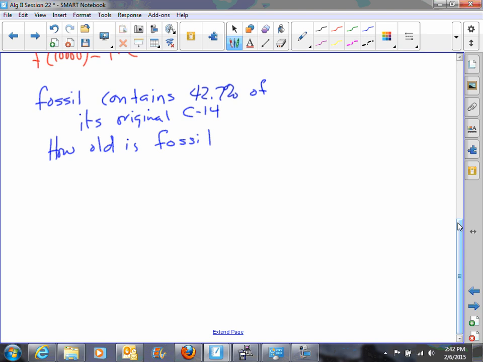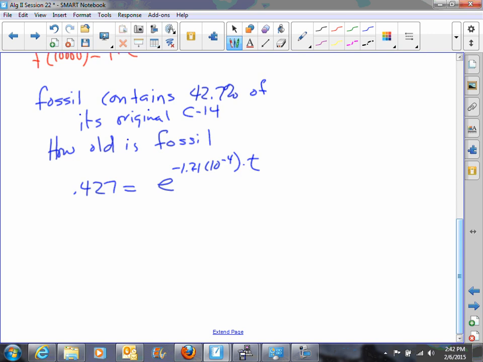Okay. So what we do now is we put 0.427 equals e to the negative 1.21 times 10 to the negative 4 times t. And now we need to solve for this t.